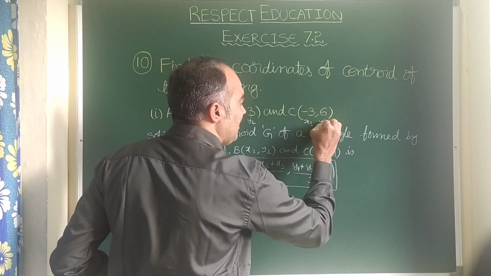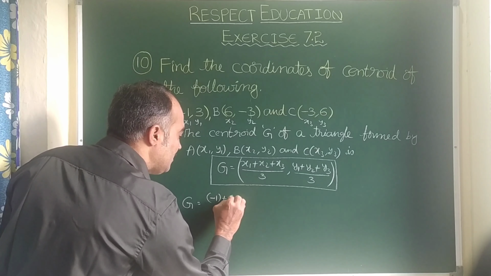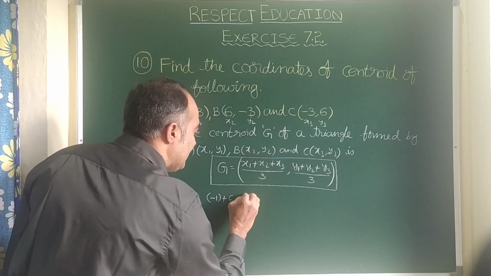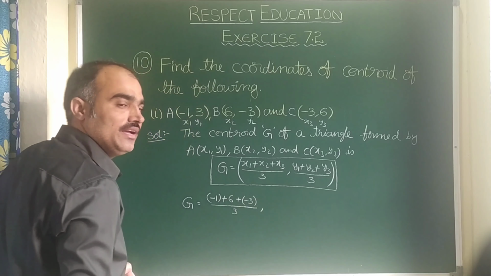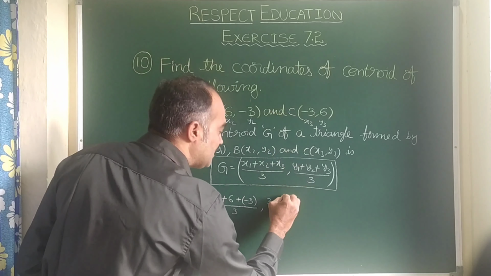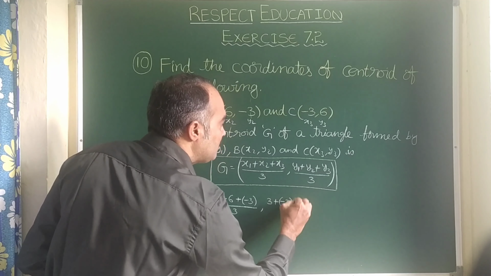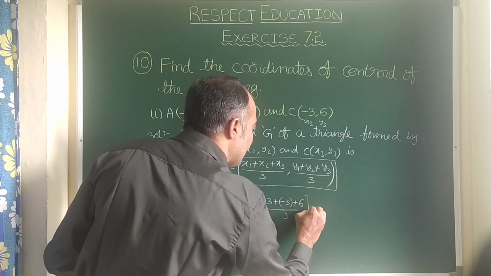So centroid G is equal to, see, x1 is minus 1 plus x2 is 6 plus x3 is minus 3 by 3, comma, y1 is 3 plus y2 is minus 3 plus y3 is 6 by 3, right?